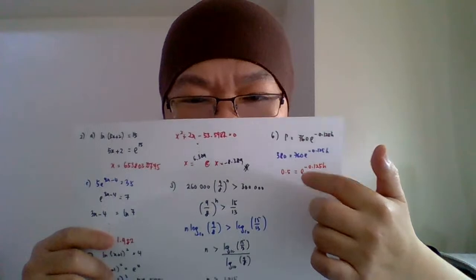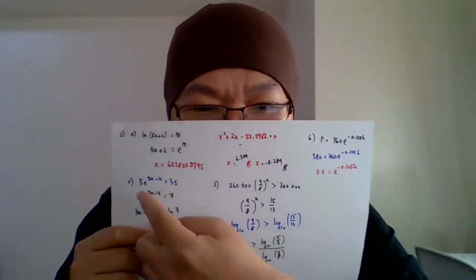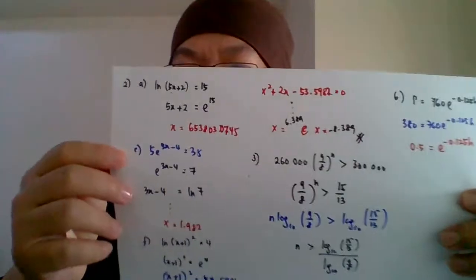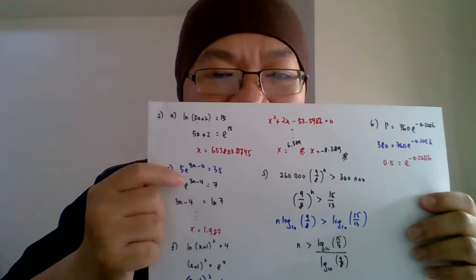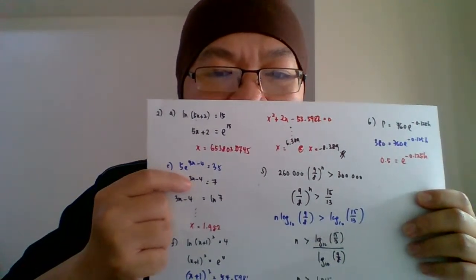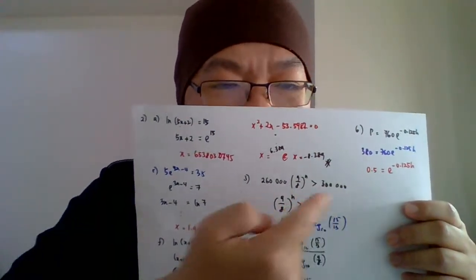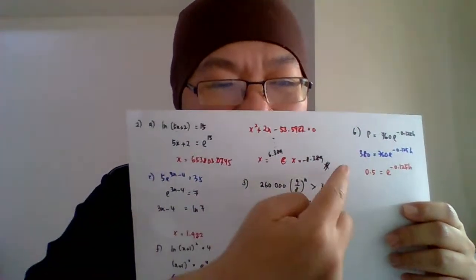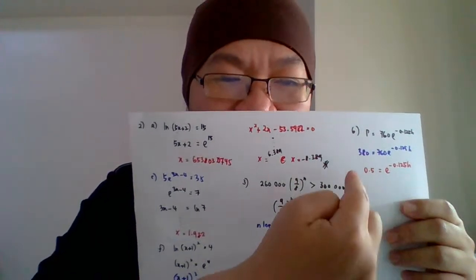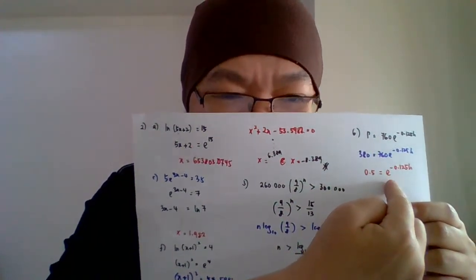This one is similar to 2C that we did just now: E power something equals 0.5. So how do I solve the problem? I just put ln on both sides. See? Very easy, I told you it is as easy as ABC.